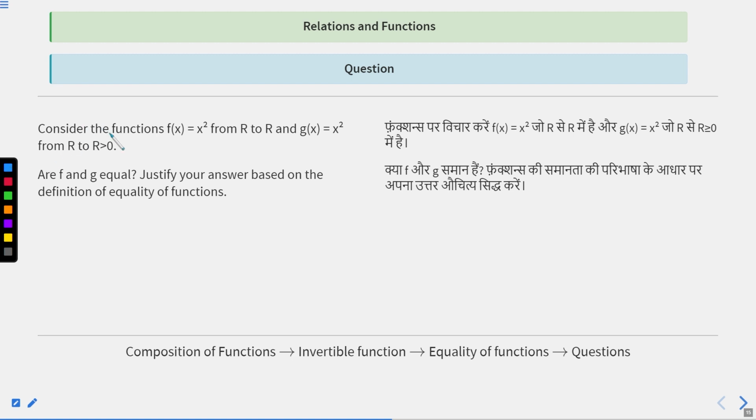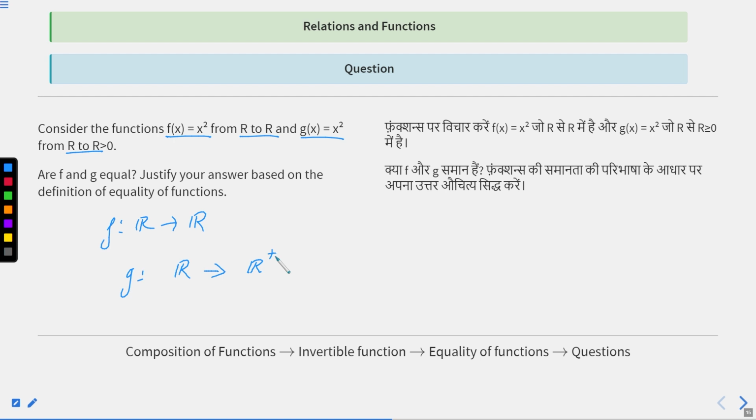Now consider the functions f(x) equals x square from R to R, and g(x) equals x square. Not R to R, f is from R to R, let me write properly, and g is from R to R positive. R positive means the set of all positive real numbers.